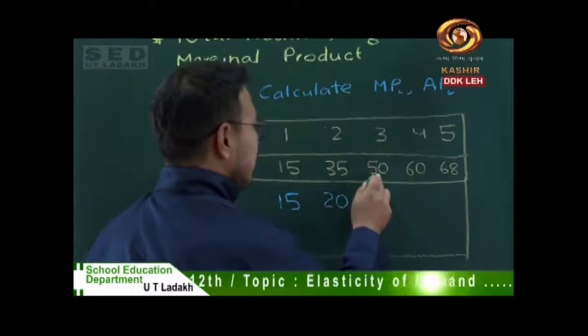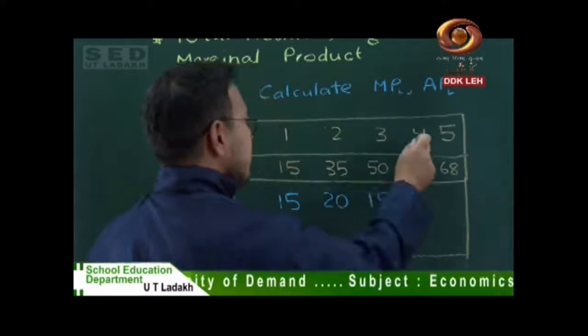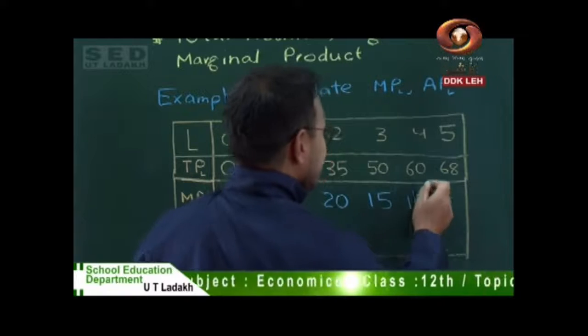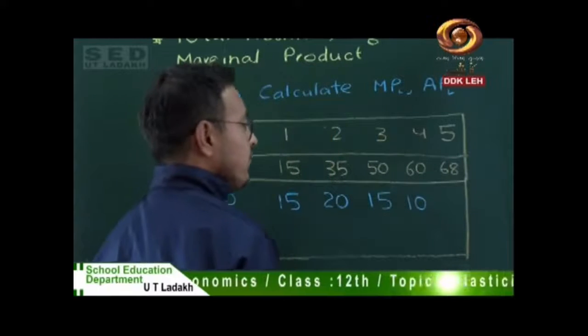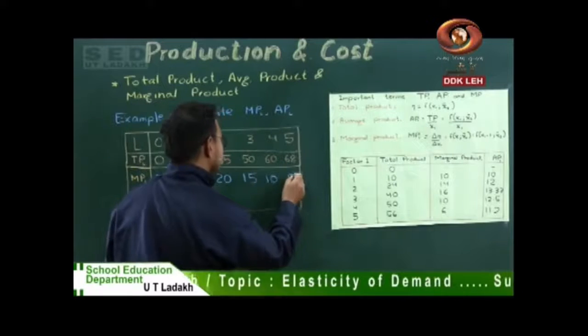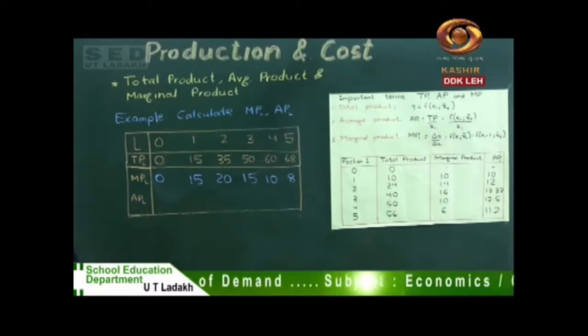For the third, it's simply 50 minus 35, which is 15. And the fourth, it is 60 minus 50, which is 10. And finally, the marginal productivity of the fifth unit of labor is 68 minus 60, which is 8. So this is how you can calculate your marginal productivity of labor.